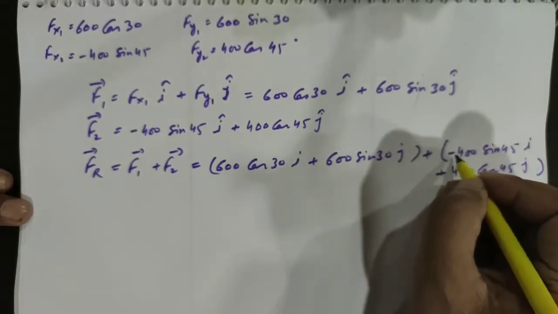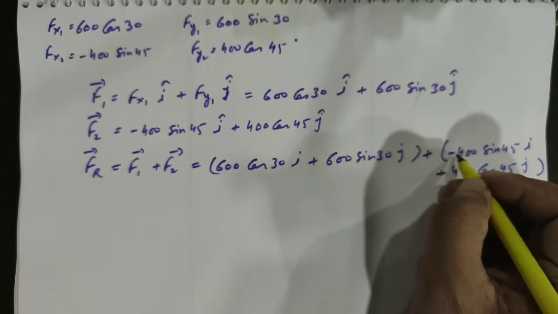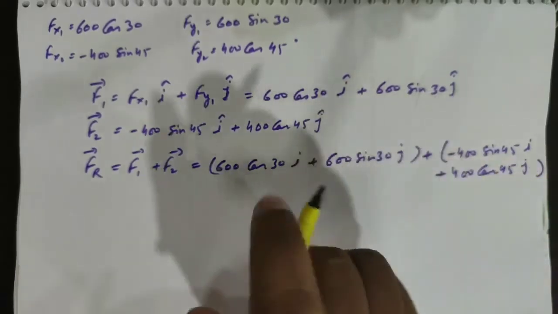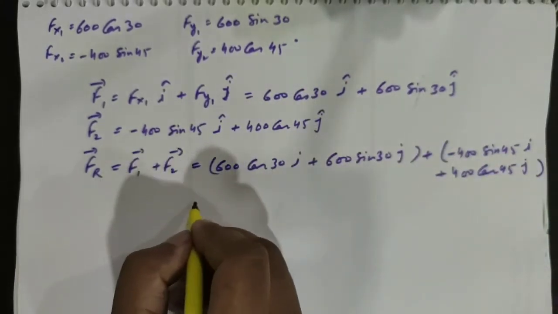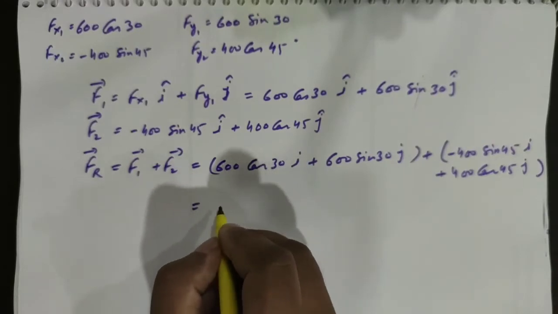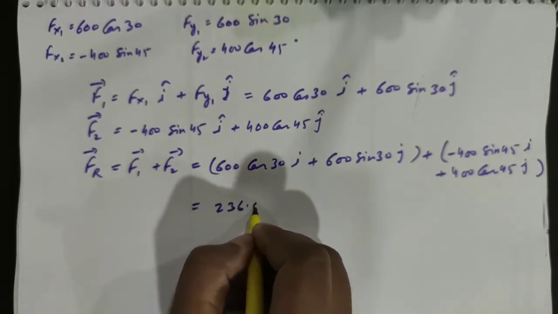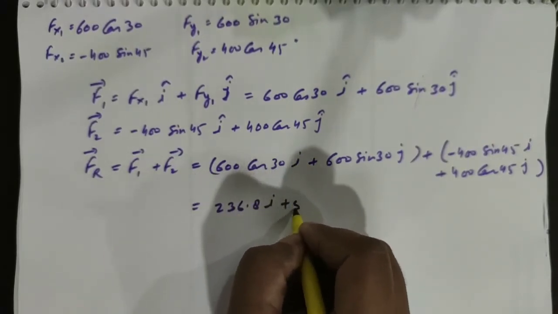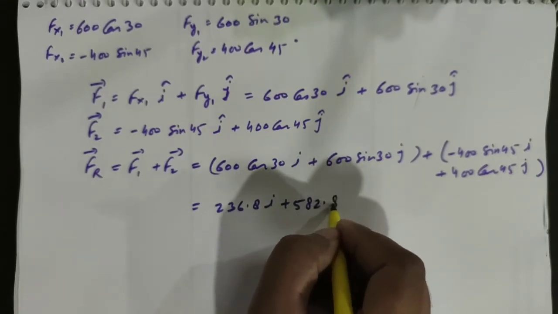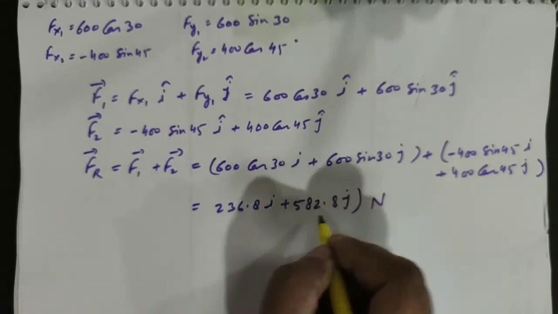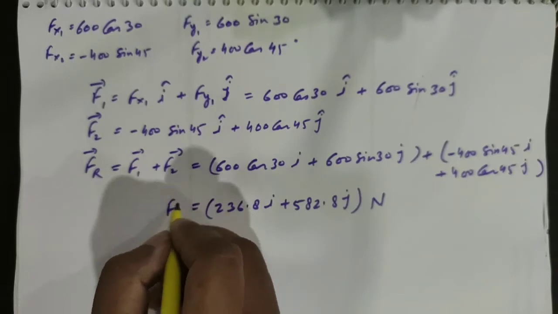Why did we take the negative sign over here? Because the direction was opposite to the x-axis. So we took the resultant of this, that will be 236.8 i plus 582.8 j. This is the resultant force of it.